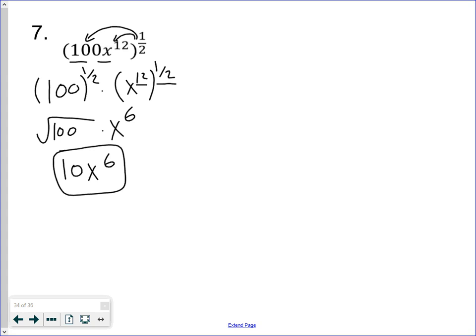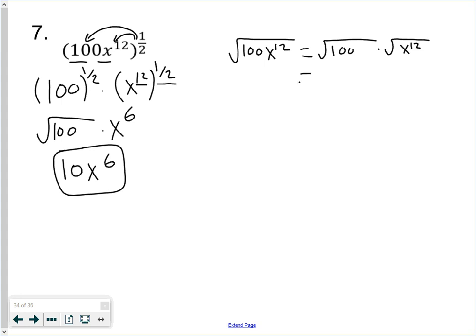The other way we can do this is just rewrite this as the square root of 100x to the 12. And then from here, we can use our properties of roots, where we can rewrite this as the square root of 100 times the square root of x to the 12.